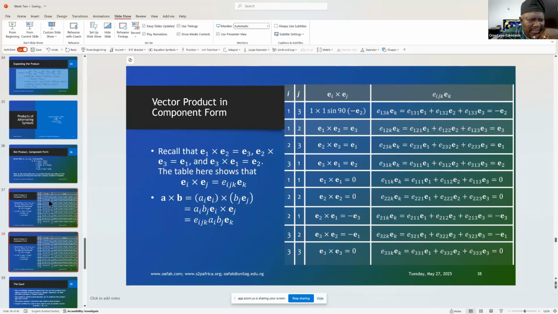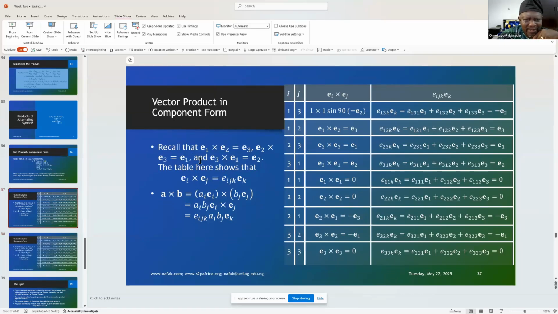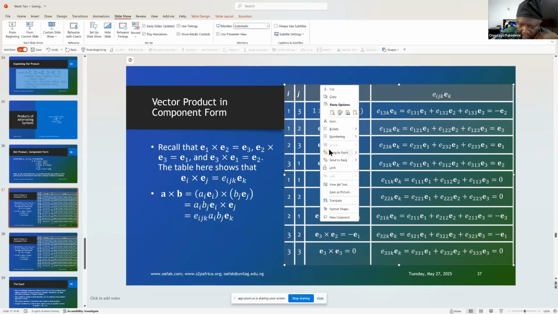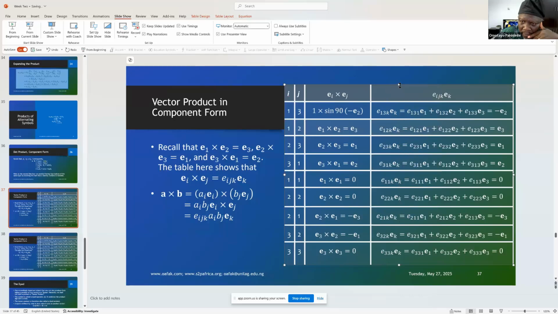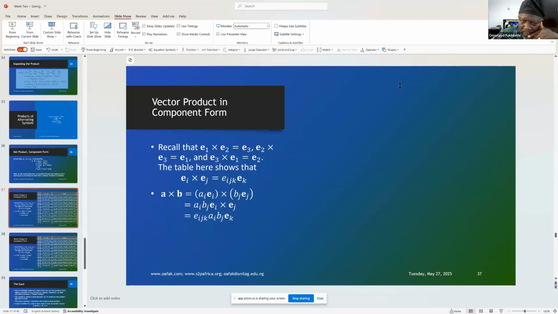Okay, since we duplicated the slide, I'm going to modify this. I'm going to take this table off.